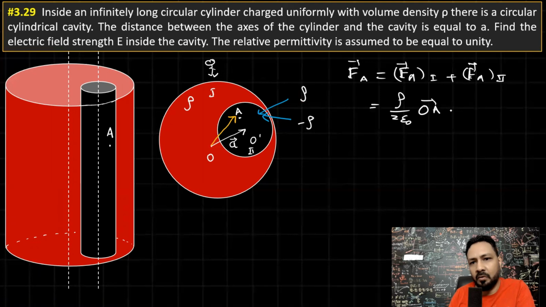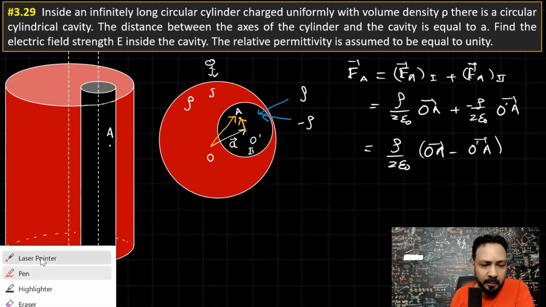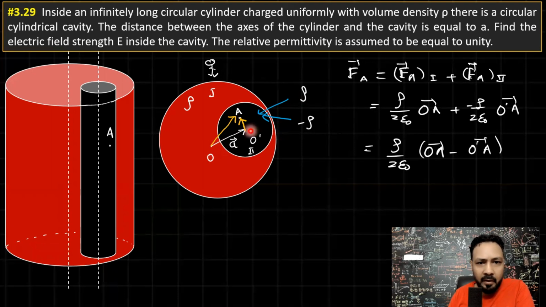Similarly, because of cylinder 2, the same formula applies, but here the charge density is minus rho, divided by 2 epsilon naught, and the vector r. Now the vector r has a tail at O dash, and we have to find the electric field at A, so the head would be at A. So this vector will be the O dash A vector. So we have rho by 2 epsilon naught times OA minus O dash A. And see clearly, like in the previous question, this OA minus O dash A is nothing but the vector a.